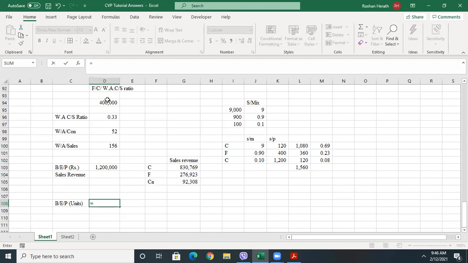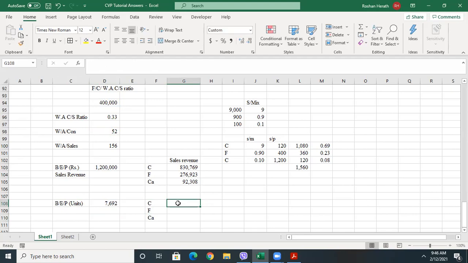So how we get that? It is simply this 400,000 divided by the weighted average contribution. So it's 7,692 units. So the units විදිහට ගත්තොත් 7,692යි. So ඒක අපි products අතර බෙදාගත්තොත් CF and capping විදිහට අපිට පේනවා මෙතන අපිට ගන්න පුළුවන් 9 out of 10, 6,923 units. මෙතන ගන්න පුළුවන් අපිට filling, it's going to be 0.1 out of 10, the sales mix.